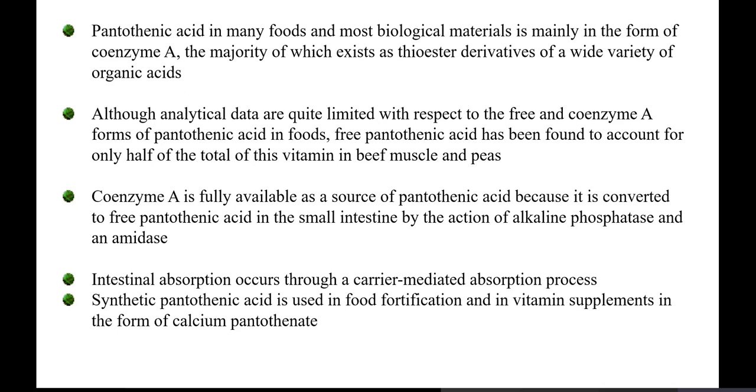Although analytical data are quite limited with respect to the free and coenzyme A forms, free pantothenic acid has been found to account for only half of the total of this vitamin in beef muscle. Coenzyme A is fully available as a source of pantothenic acid because it is converted to free pantothenic acid in the small intestine by the enzymes alkaline phosphatase and amidase.